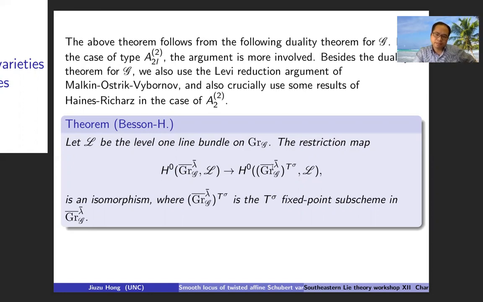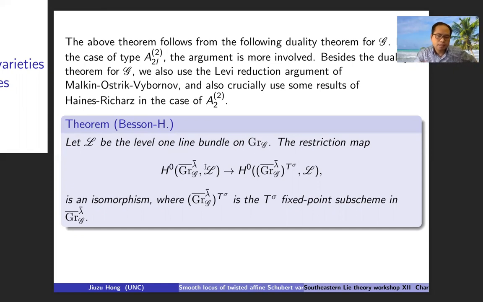And then this torus acts on the twist Schubert varieties, and then we get the fixed point subscheme, and we consider the restriction map. So this restriction map is always an isomorphism without any restriction for any G. We start with a standard automorphism, and then we construct a periodic scheme or bar.